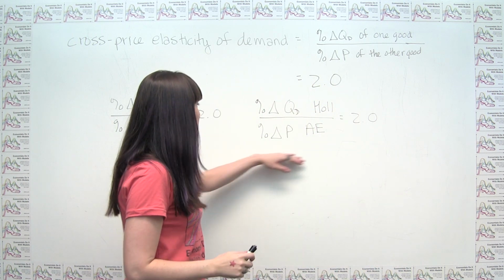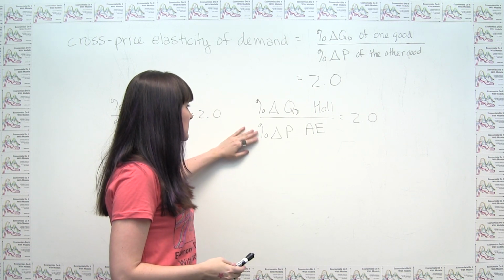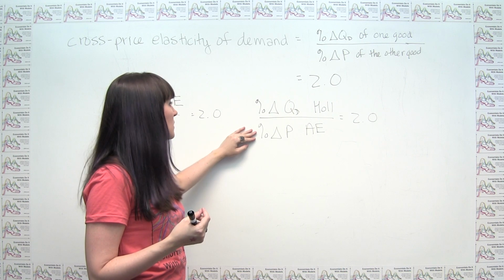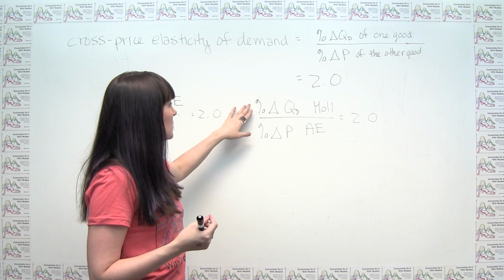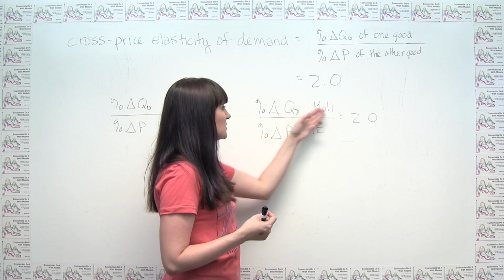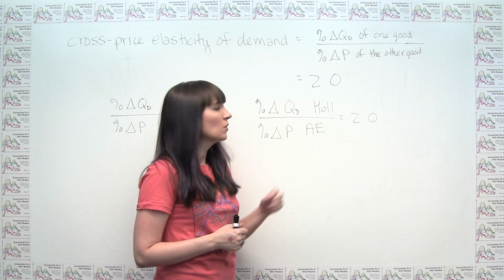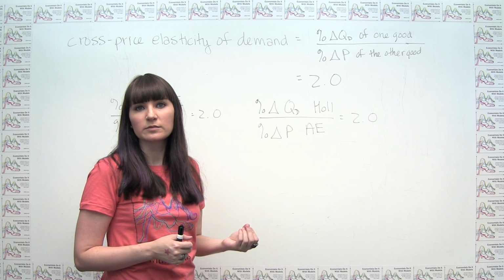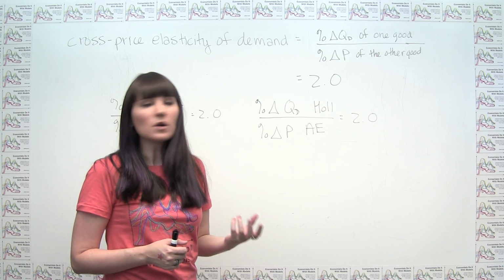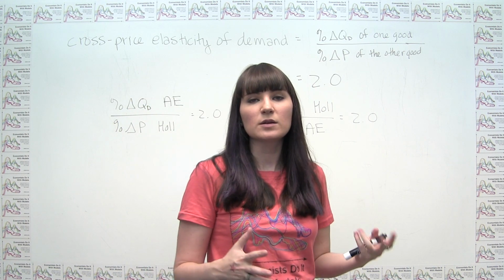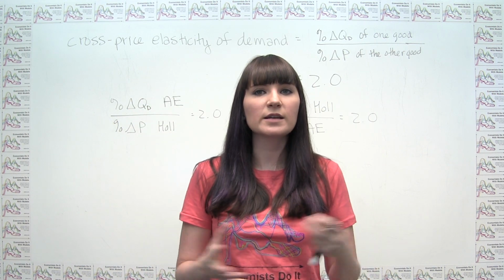Similarly, this statement says if the prices at American Eagle were to go up by 1%, the change in quantity demanded, or the unit sales at Hollister, all else being equal, would increase by 2%. So we can think about what this means at a more qualitative but more helpful level.